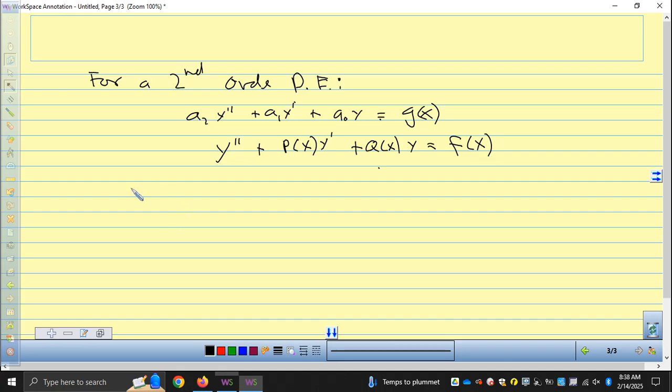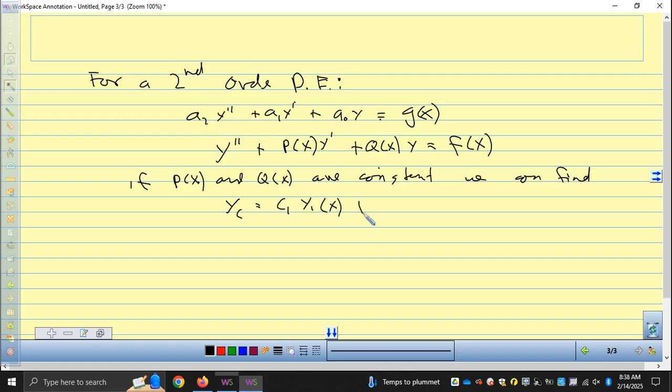And we know if p of x and q of x are constant, we can find y sub c equals c1 y1 of x plus c2 y2 of x, because we know how to solve a homogeneous differential equation with constant coefficients.